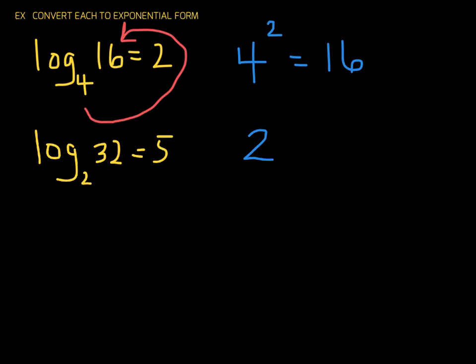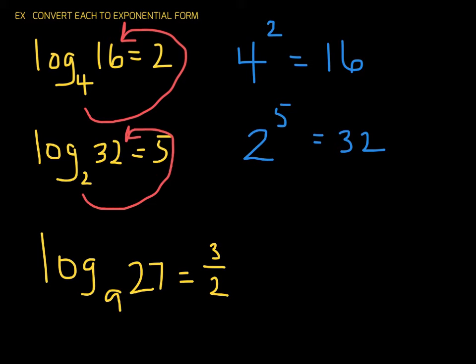Sorry, I guess I'm doing this little tail that I just told you to try. So log base 2 of 32 is 5. That means my base 2 raised to the power of 5 gives me 32. It's pretty straightforward, huh? Let's try another couple examples here.